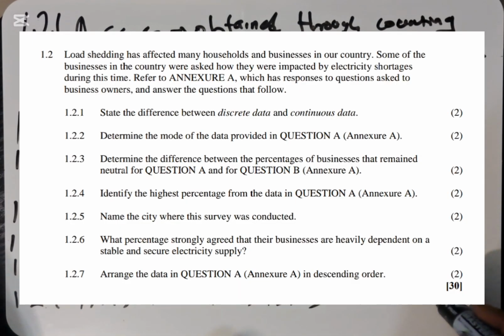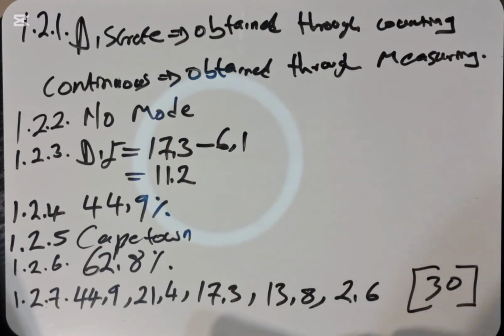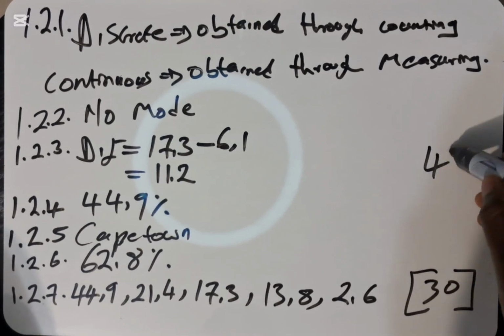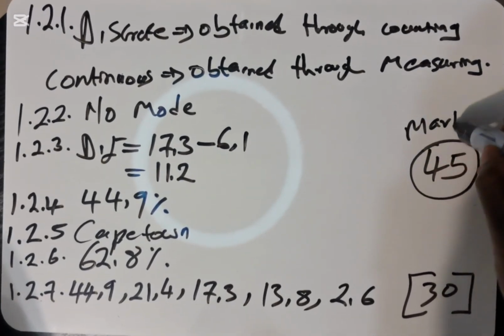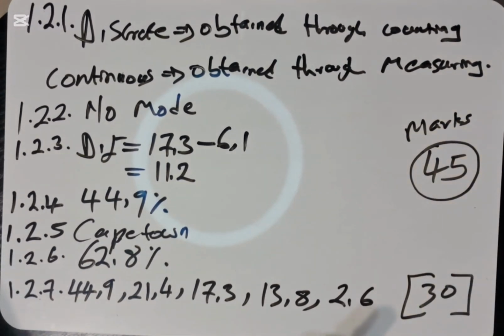All these questions had 30 marks, and none of them were difficult. For you to pass paper 1, you need at least 45 marks in paper 1 and 45 marks in paper 2 to be able to get level 2. If question 1 alone gives you 30 marks, it means that from question 2 to question 4, you're only working for 15 marks, which is nothing.